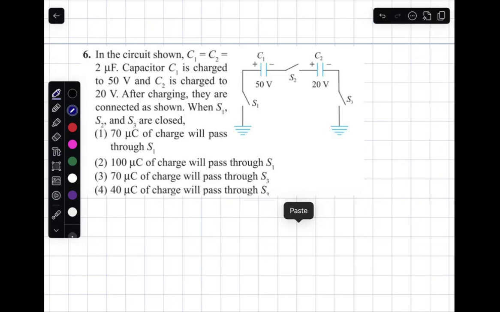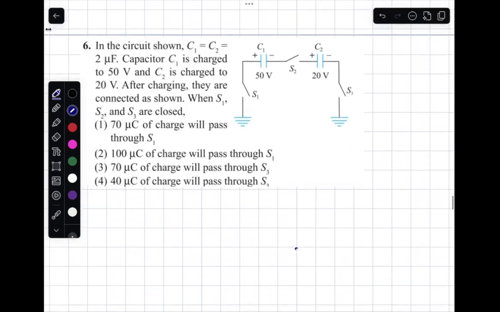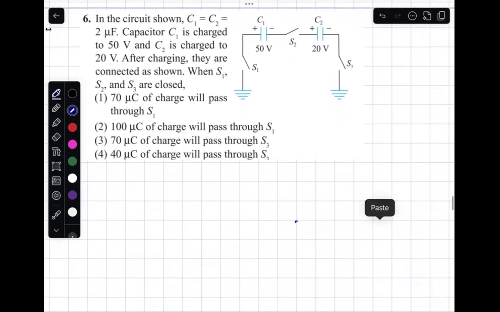So charge flow will take place only when will it take place? Charge flow will take place only under one condition. What is that condition? All the switches must close.